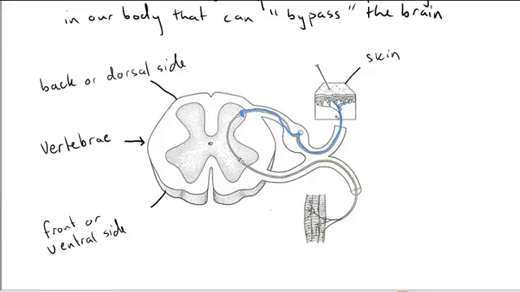The signal travels along the neuron in this direction. So this is your sensory neuron. Another word for sensory neuron, if you remember, was your afferent neuron.